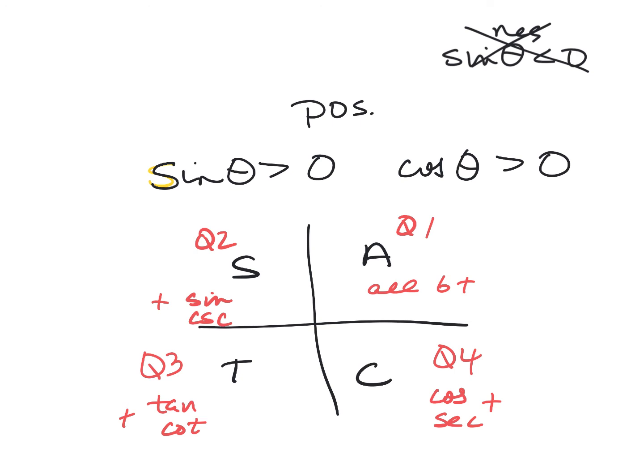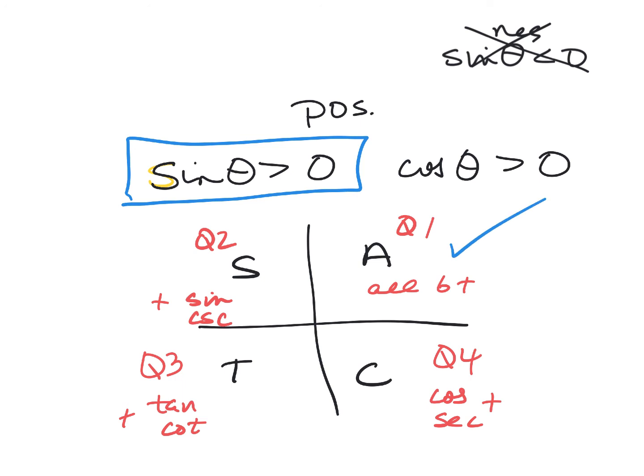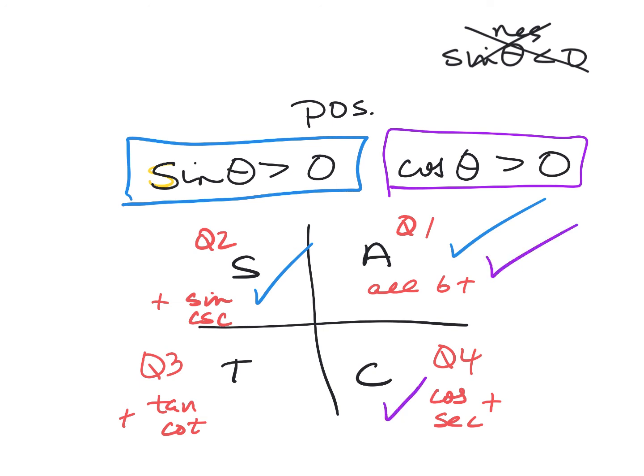So what I'm going to do here is put check marks in all the quadrants where sine is positive. Sine is positive here and here. Then I'm going to put check marks in all the quadrants where cosine is positive. Here and here. And then the quadrant where you have the double check mark, that is the answer.